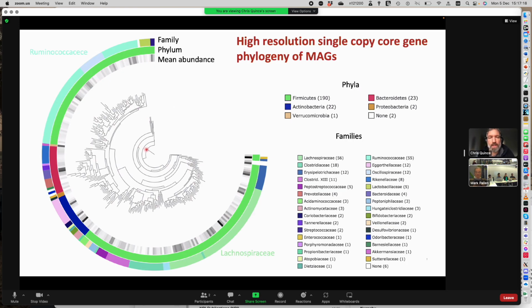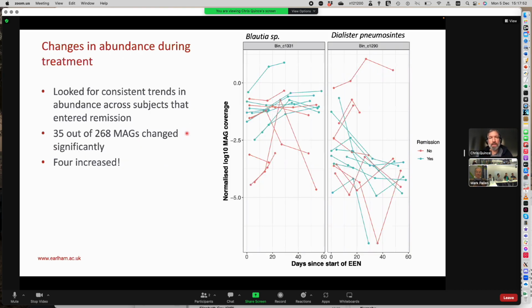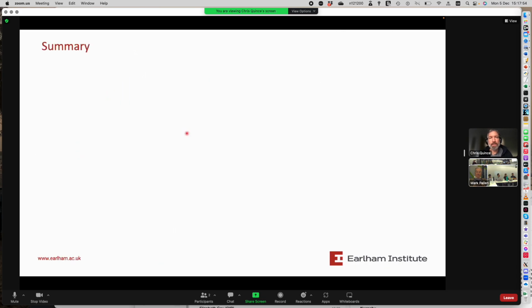We use those core genes concatenated together to build a phylogeny of all the MAGs we've obtained. But we can also use them to profile the community in just the same way as we profile with taxa or function. Here I'm showing an NMDS based on Concoct clusters. Red is individuals with Crohn's disease, green is healthy individuals, and just as we saw with the 16S, you can distinguish between the two groups. But I'll skip through this in the interest of time.